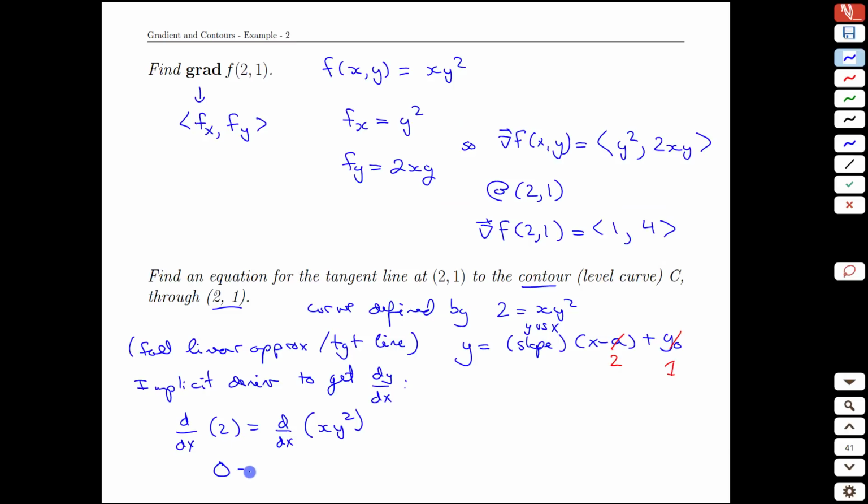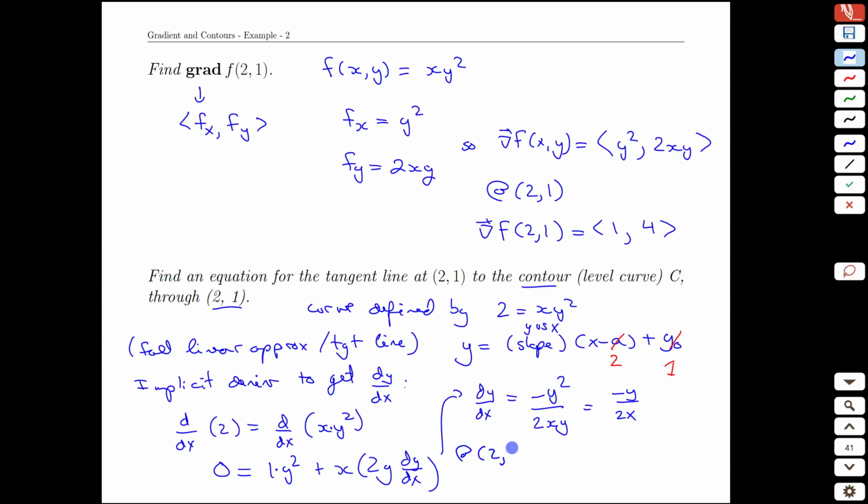If that's the case here, we get 0, and the x derivative, this would involve a product rule, we're going to have 1 times y squared plus x times 2y dy/dx. And that's what we're interested in computing here. If we isolate for that, we're going to have dy/dx equals negative y squared divided by 2xy. And if we tidy that up, we'll have negative y over 2x.